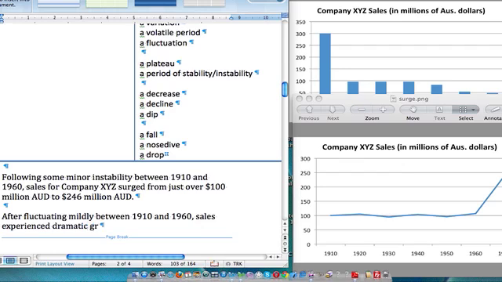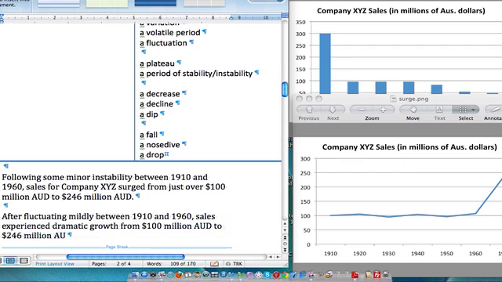Okay, adjective, noun, dramatic growth from 100 million Australian dollars to 246 million Australian dollars. So you can see I'm just taking words from our lexical resource here, and I'm just coupling them in different ways.